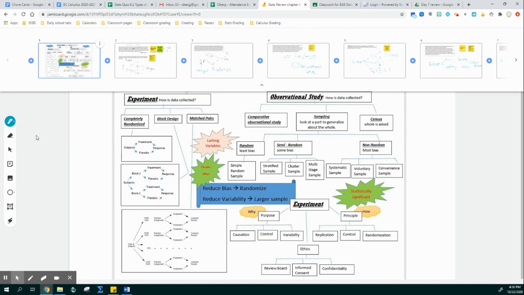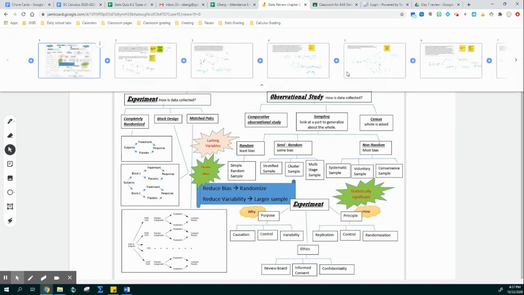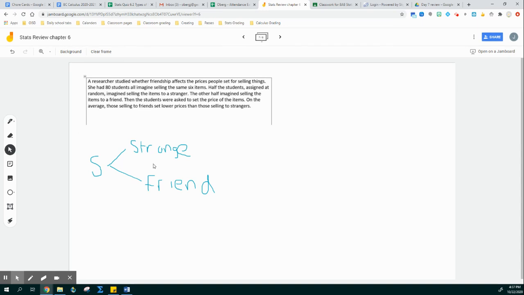So I've assigned them. Let me go back to my questions. Is there a treatment being applied? Yes, there is a treatment being applied. I'm being asked to imagine who I sell it to. So the treatment that is being applied is who is being sold to.